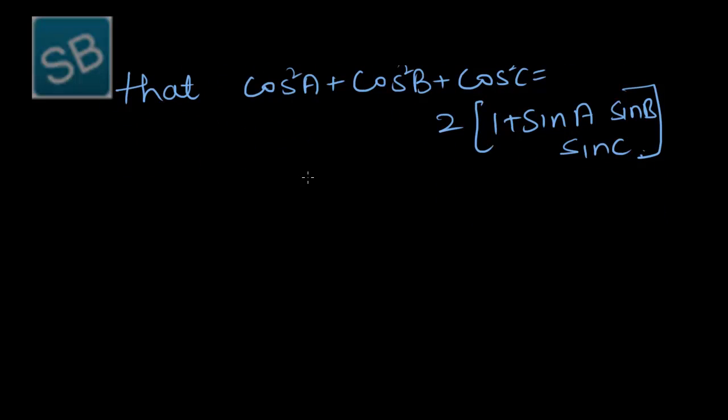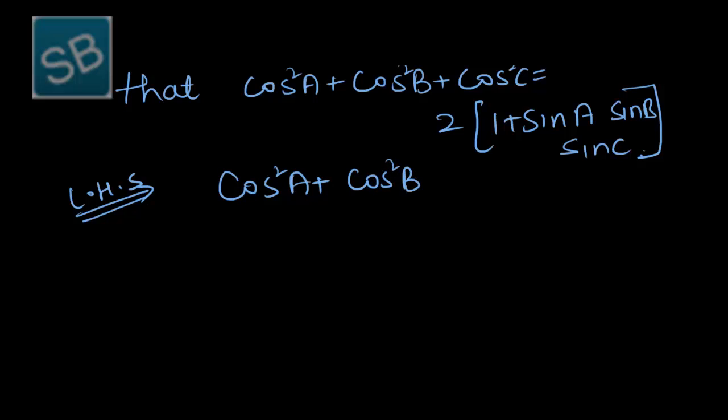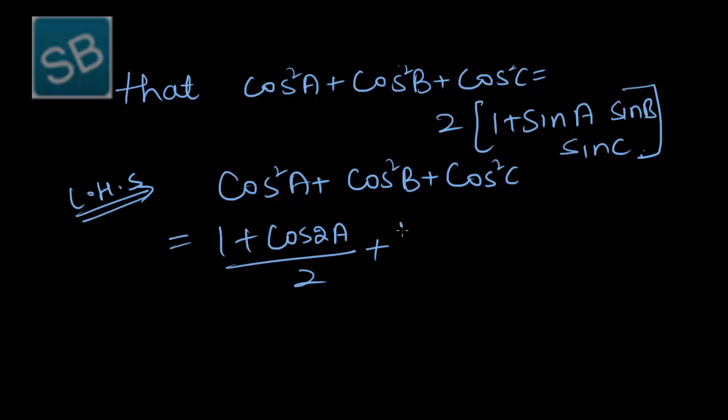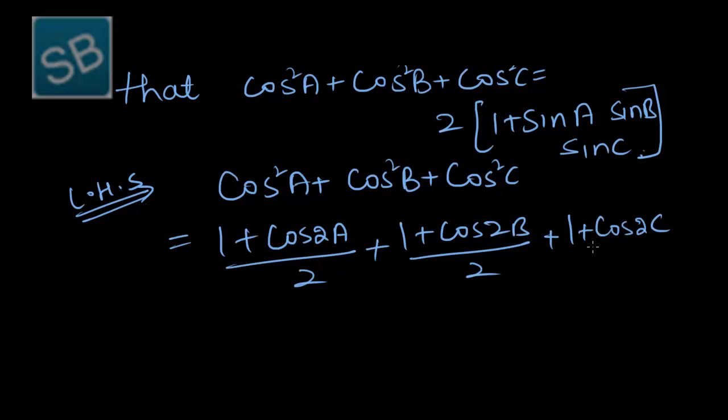So we have to prove this. Taking the left hand side, we get cos square a plus cos square b plus cos square c, that is 1 plus cos 2a over 2 plus 1 plus cos 2b over 2 plus 1 plus cos 2c over 2.